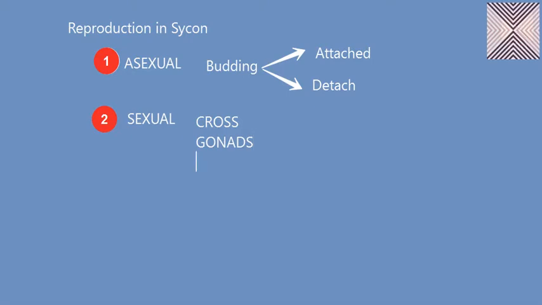That means archaeocytes differentiate to form the gametes. Now, where are these gametes present? They are present in the mesoglia. So this is the middle layer, this is the innermost layer.